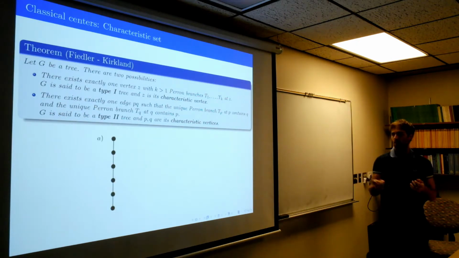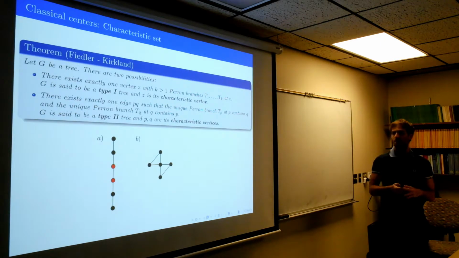And now we can test this notion on our examples. So for this path, again, it has an even number of vertices, so it is a type 2 tree, and the characteristic vertices are exactly the ones our intuition told us, and are exactly the ones in the eccentricity center. So in this case, the 2 notions agree.